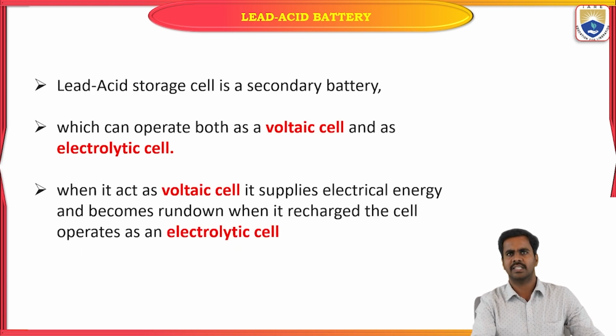Lead-acid storage cell is a secondary battery which can operate both as a voltaic cell as well as an electrolytic cell. When it acts as a voltaic cell, it supplies electrical energy. When it recharges, the cell operates as an electrolytic cell.